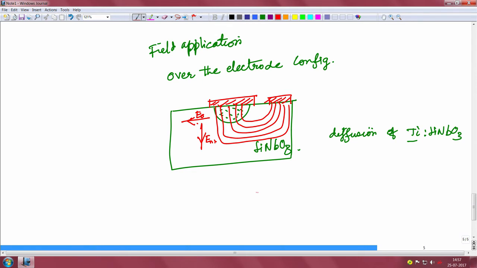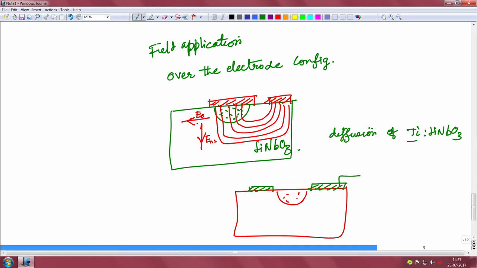Similarly, you can also think of the electrodes which are aligned across the waveguide. So, in such a configuration you have electrodes placed like this. Let me say this is the microwave waveguide, and you can consider the electrodes placed adjacent to that.